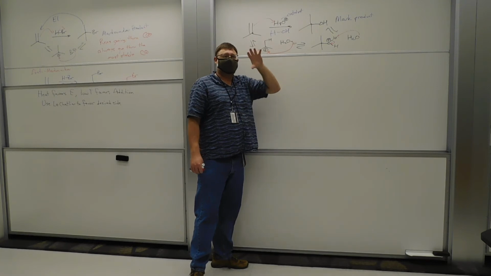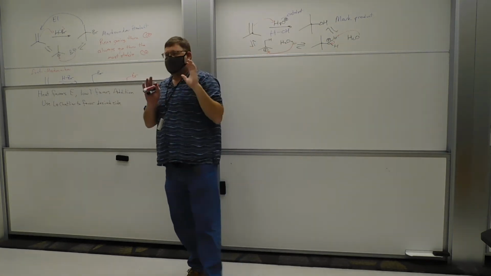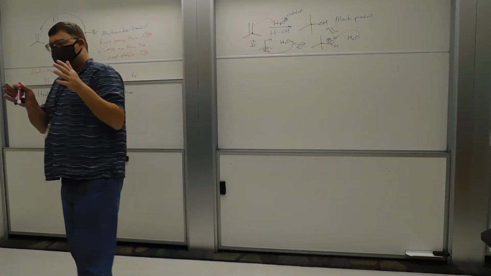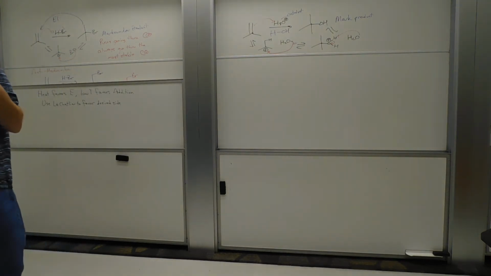Le Chatelier's principle tells you if you perturb an equilibrium, the reaction shifts to compensate for that. So if I have a large excess of water, water will get consumed. If I have a deficit of water, or if water gets pulled out of the reaction somehow, the reaction will shift back, toward elimination.